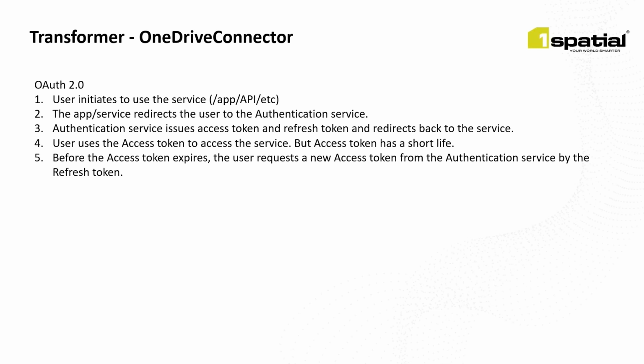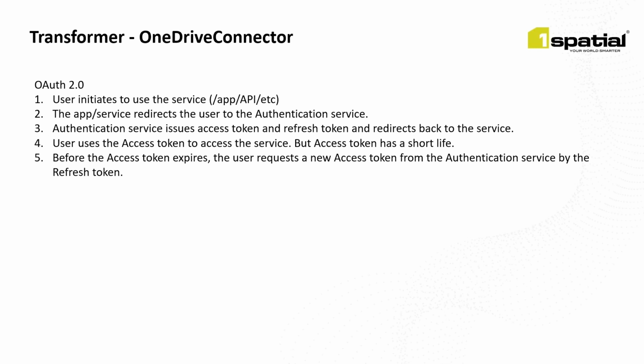It is an open authentication protocol, and it works based on tokens. In OAuth, the token that enables the client to use the service is separated from the authentication. So the user does not authenticate themselves to the service, but to another authentication service.